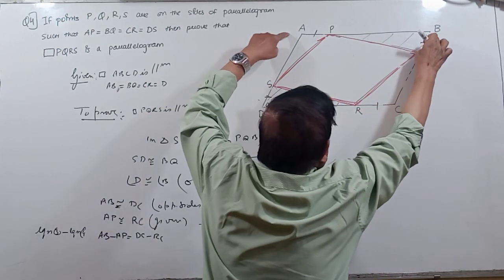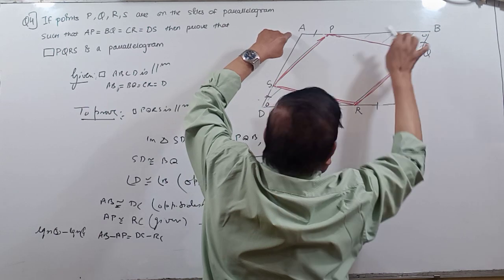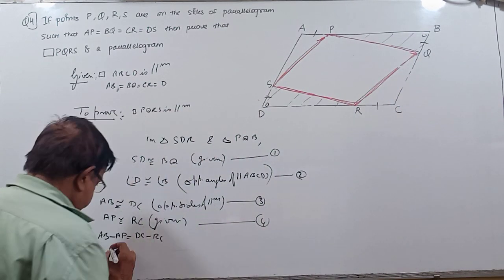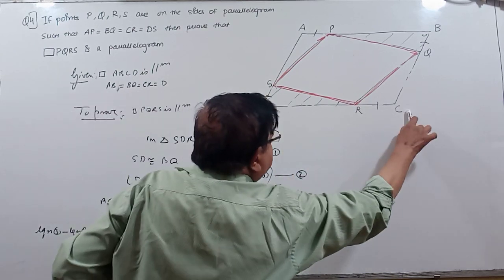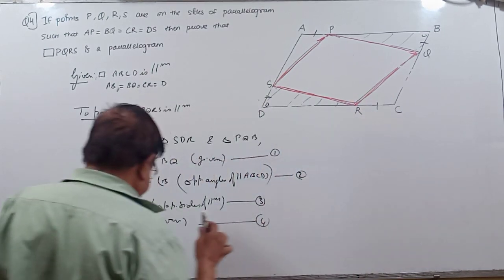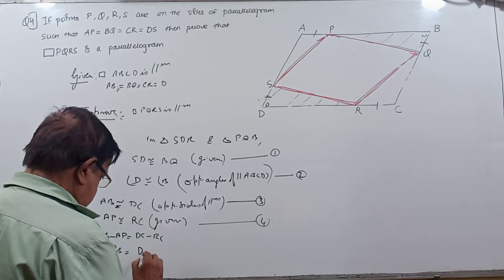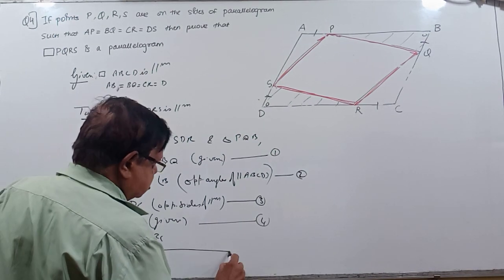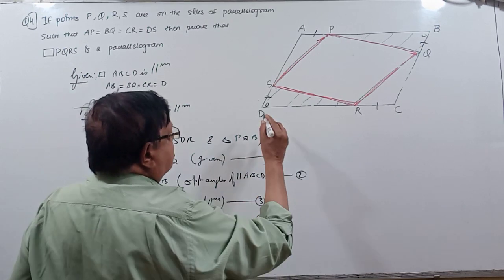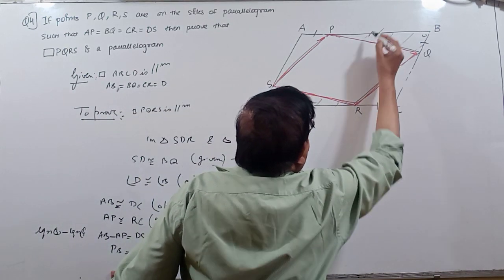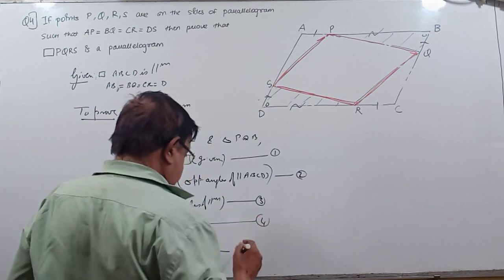This AB minus AP is equal to PB. PB equal to this, DC minus RC is equal to DR. This is 5. So we have proved that PB congruent to DR. Fine.